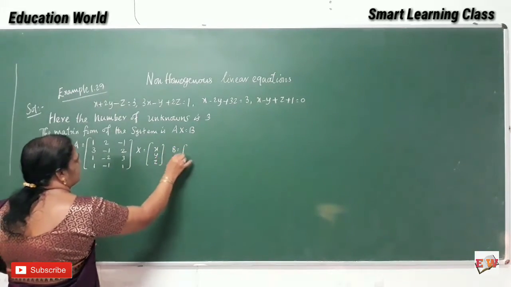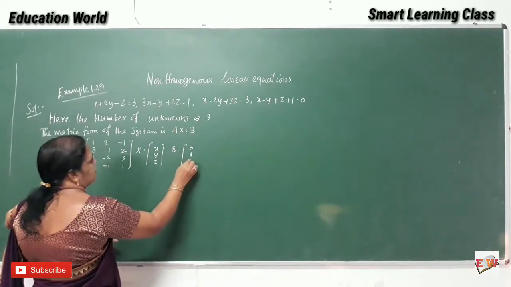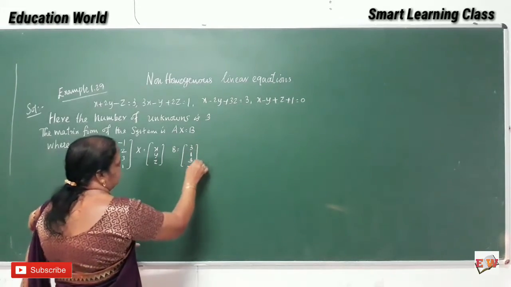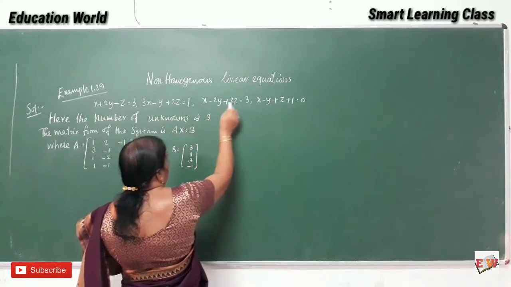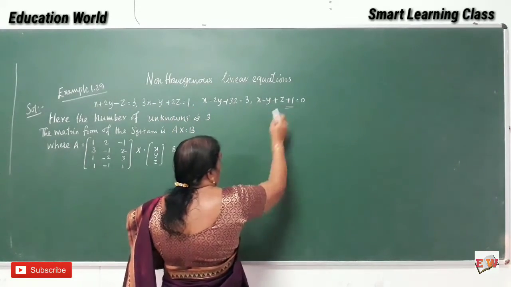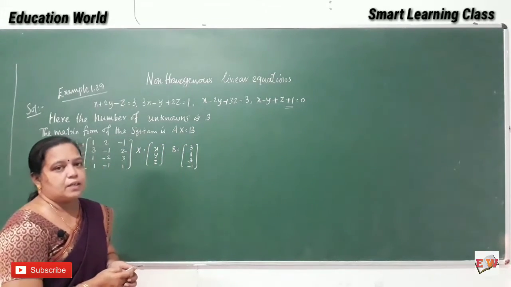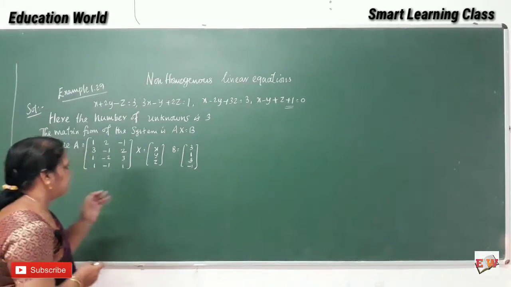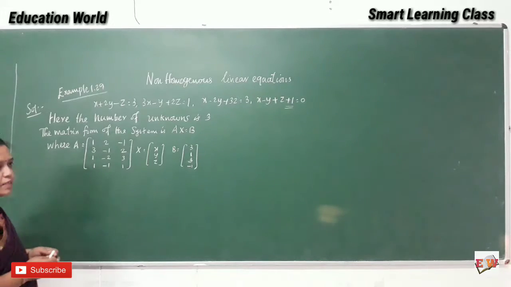Then B is 3, 1, 3, minus 1. Why minus 1? In the first three equations the constant term is on the right hand side, but in the fourth equation it is on the left hand side, so we have to bring this 1 to the right hand side. So this is the matrix form of the given system.